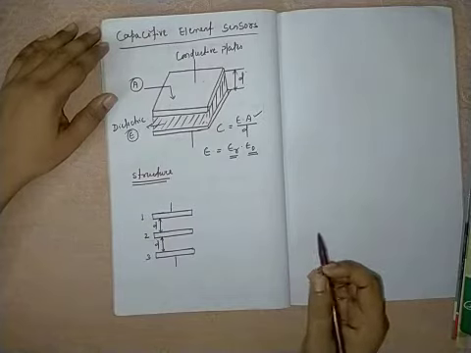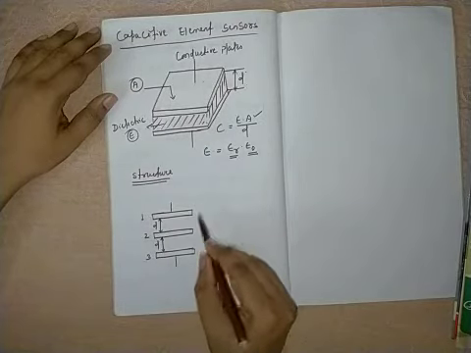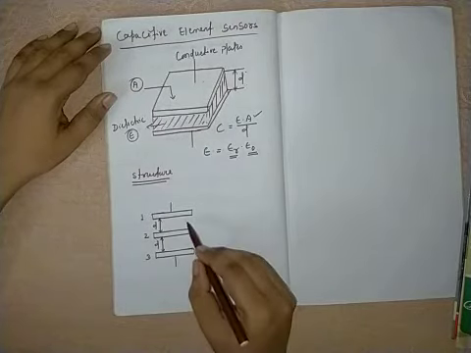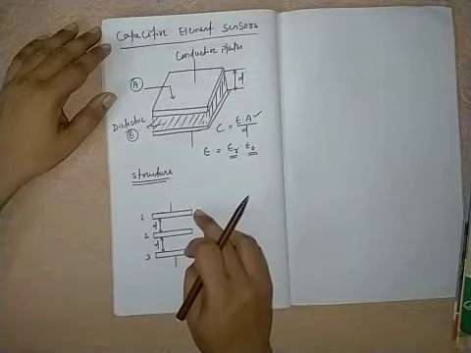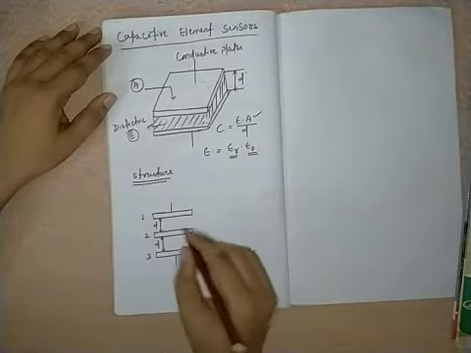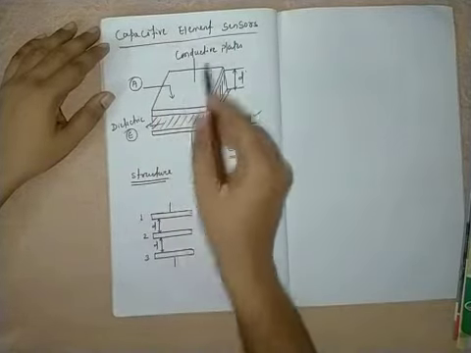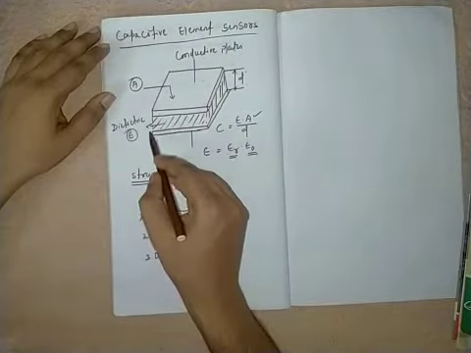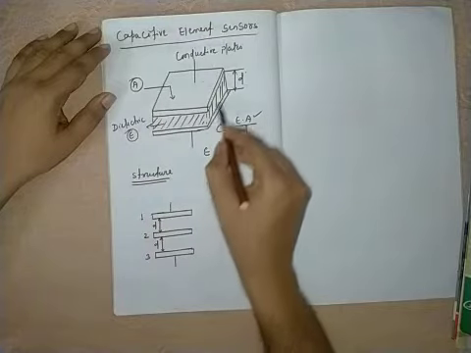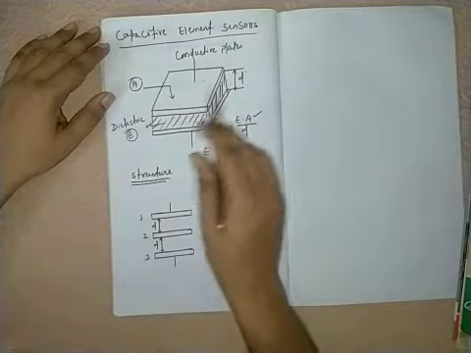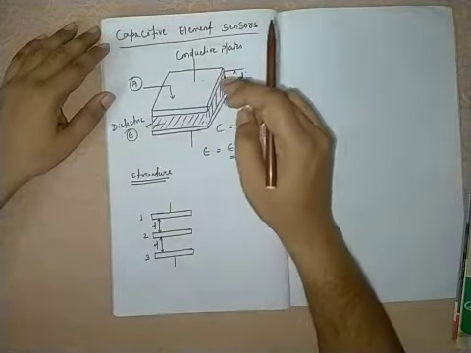Where this is the upper plate and this is the lower plate, where the upper pair forms one capacitor. Like here, look, this is one conductive plate, this is another conductive plate having dielectric medium in between them, so it consists of one capacitor.